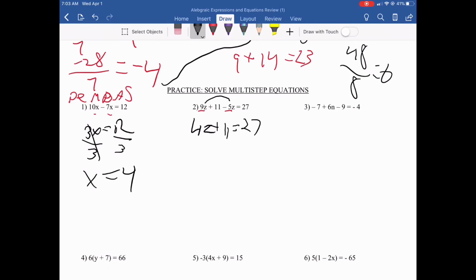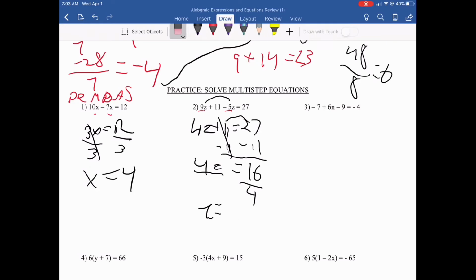Now I want to get the z by itself, so we're going to do the opposite. I'm going to take it over there. Negative 11, negative 11. Equals 16. 4z. Divide both sides by 4. Z equals 4.